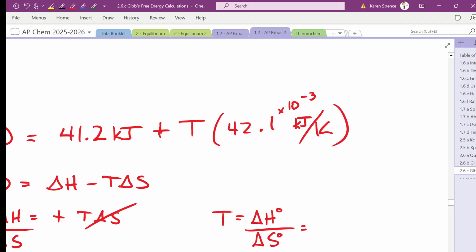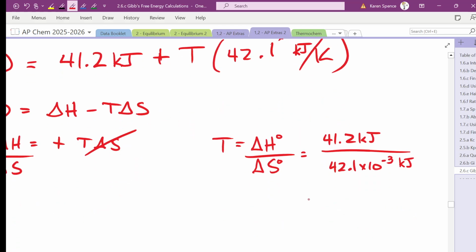So that was delta H, 41.2 kilojoules divided by 42.1 times 10 to the negative 3 kilojoules per Kelvin, and we get 978.6, 3 sig figs.